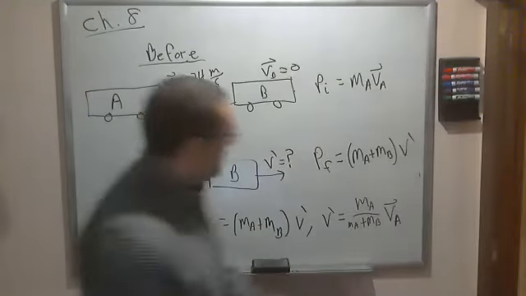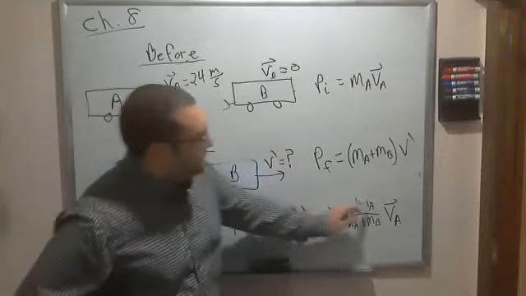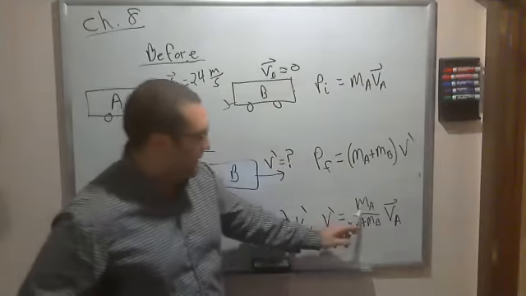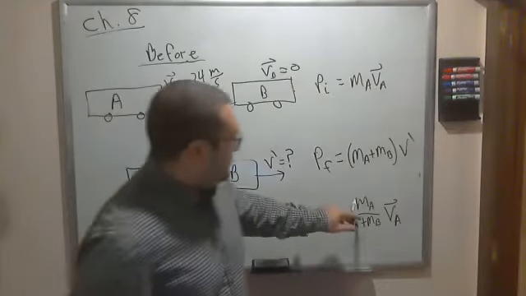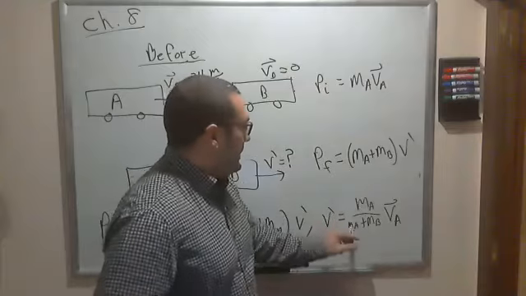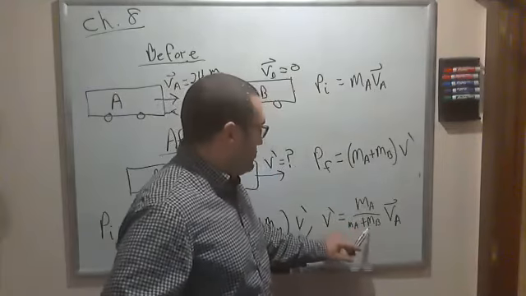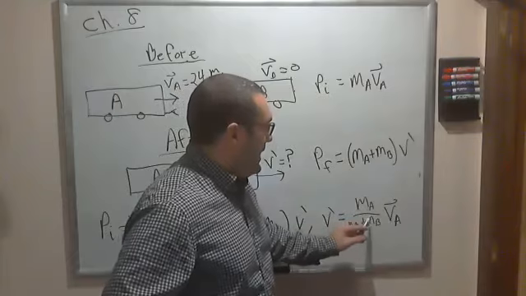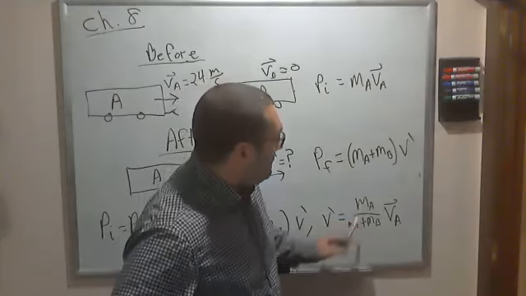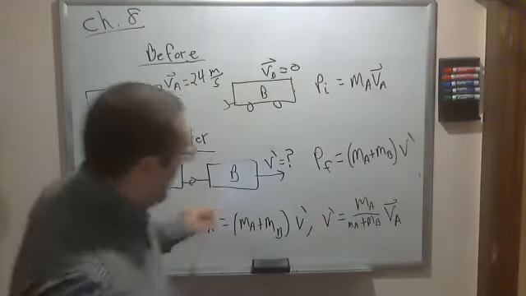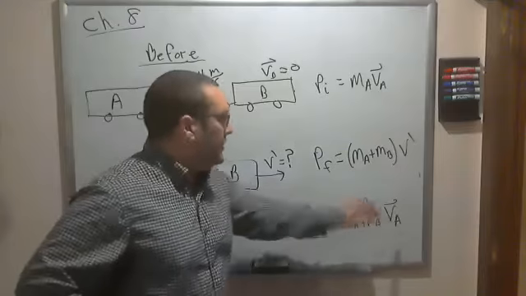So the velocity changes according to this ratio, depending on the masses. If MB is equal to MA, the new velocity is half the initial velocity.